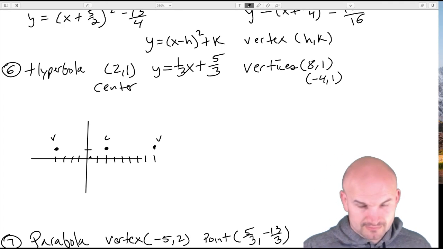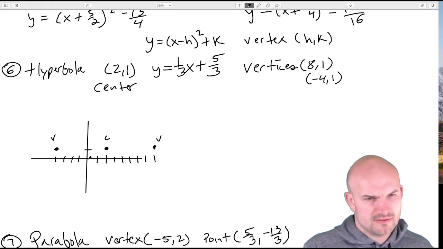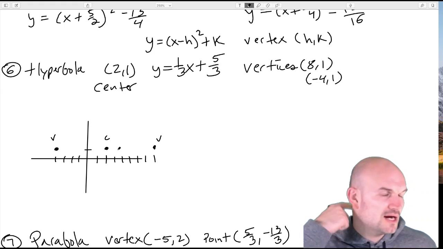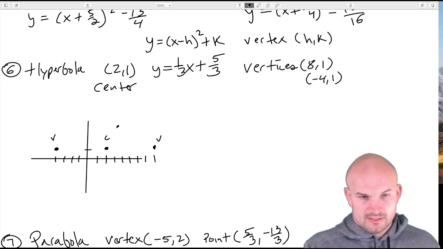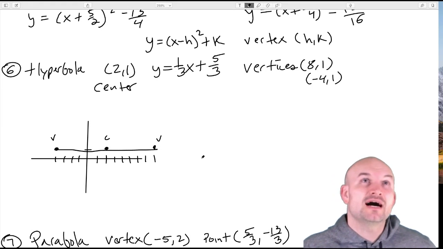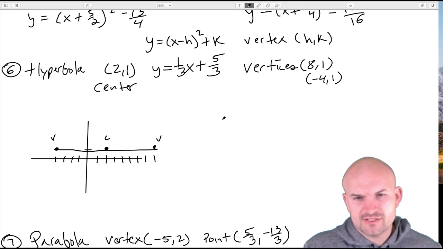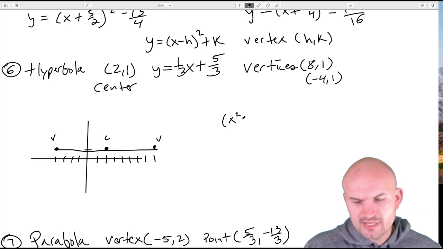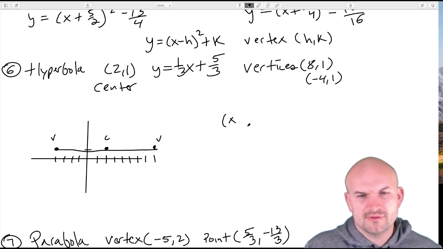Yeah, we are going to need that. Okay. Wait a minute. B over A, A over B. Okay, yeah. All right. So this is going to have a horizontal transverse axis. Let's see if I can remember this formula.